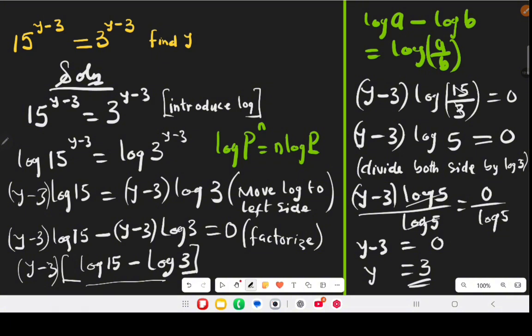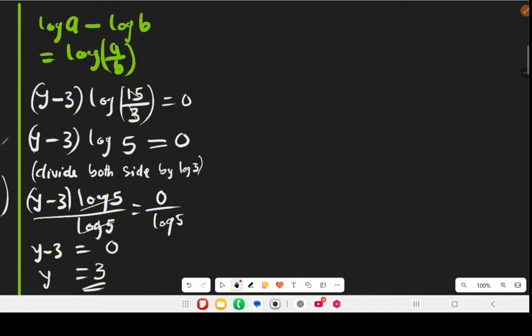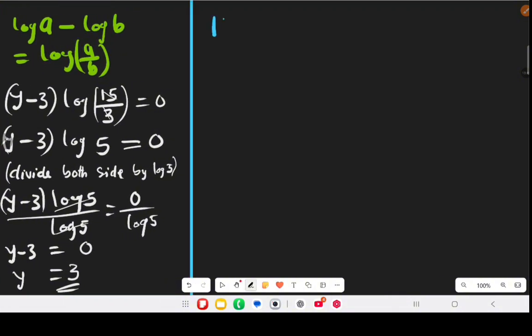Now we want to use a different approach to solve this problem and see if we get the same answer. If we have 15 raised to the power of y minus 3 equal to 3 raised to the power of y minus 3, by using a different approach, we say solution.